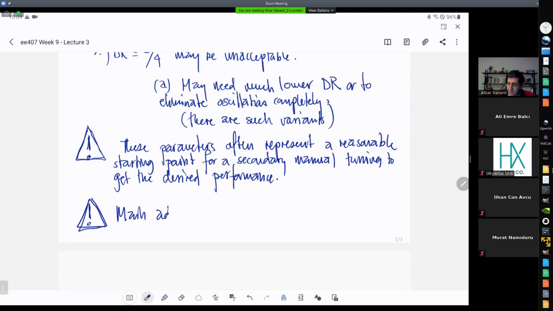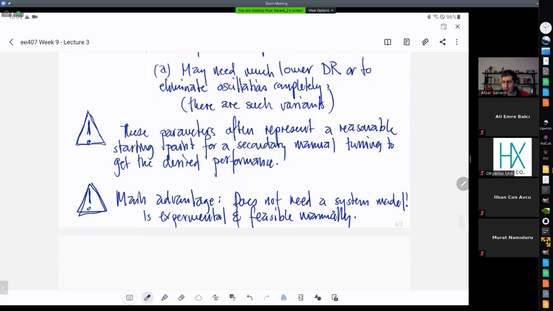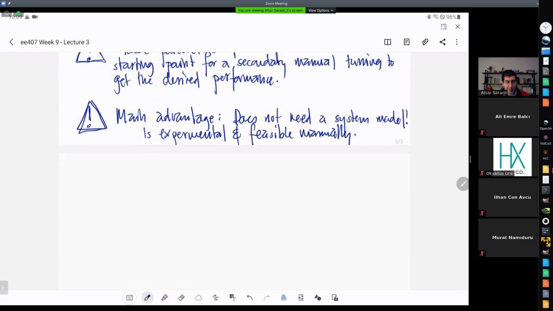The main advantage is that it does not need a system model, okay, and is experimental and feasible manually. Okay. Any questions so far?